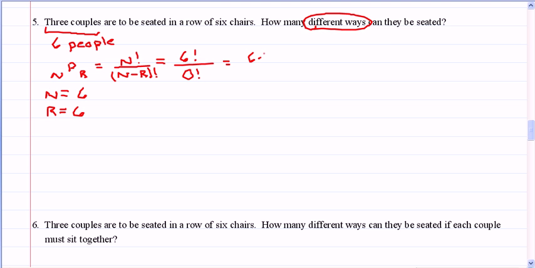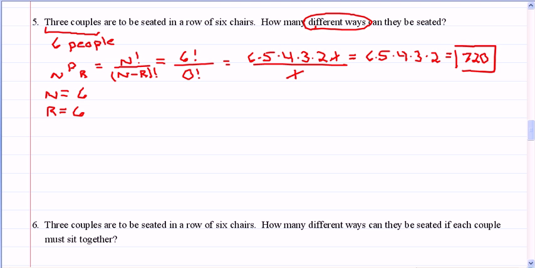If I multiply out the numerator, the denominator is 0 factorial, which is equal to 1, and I'm left with 6 times 5 times 4 times 3 times 2 is equal to 720. So there are 720 different ways that 3 couples could be seated in a row of chairs.